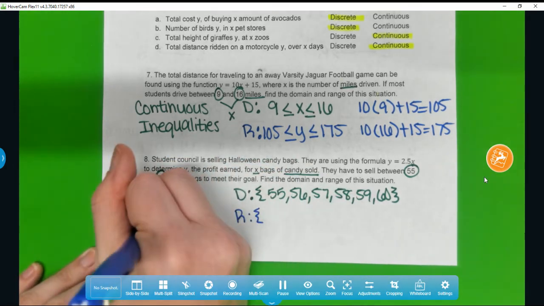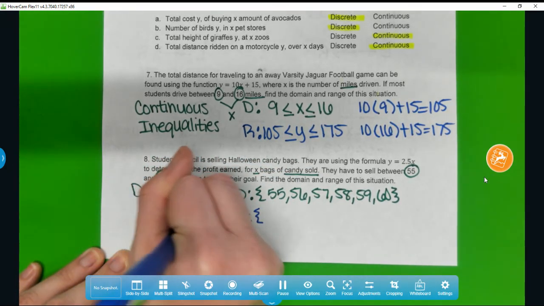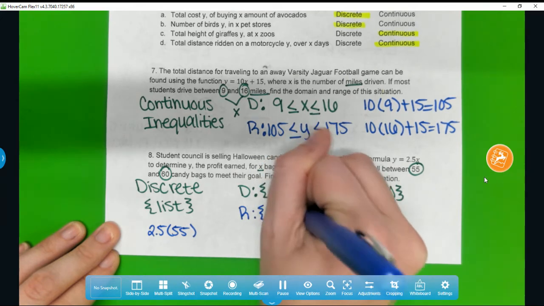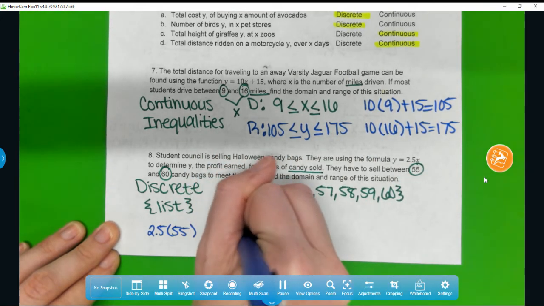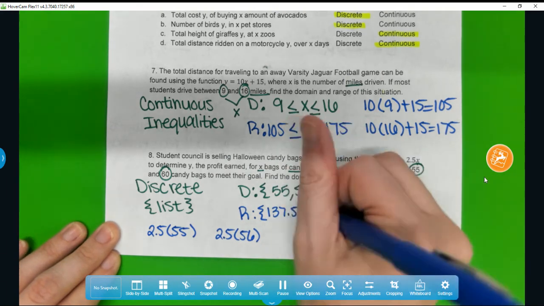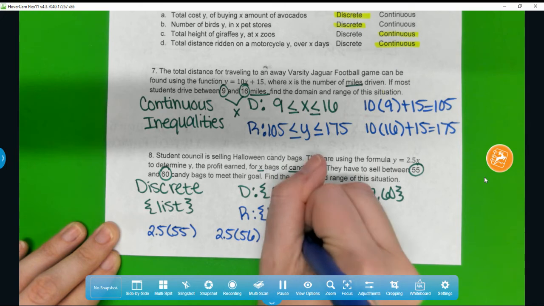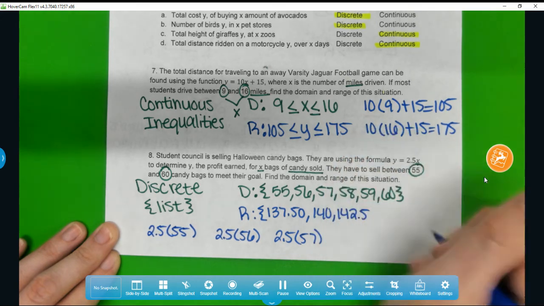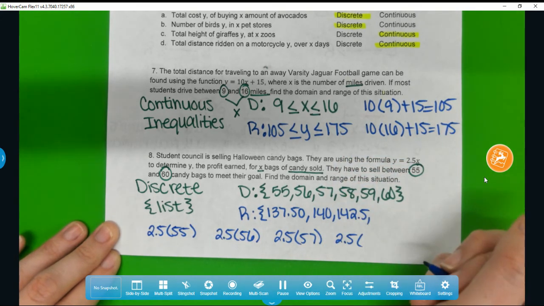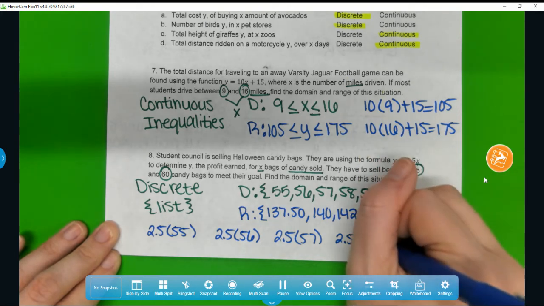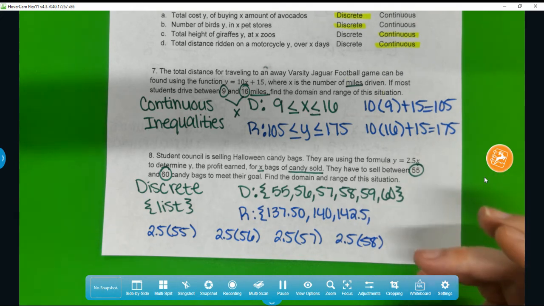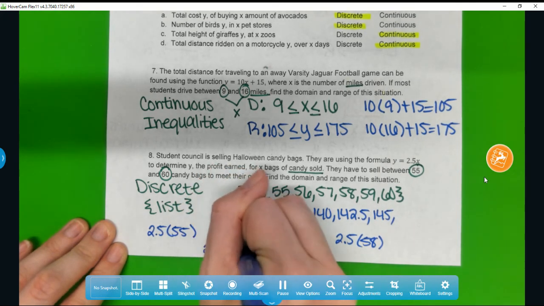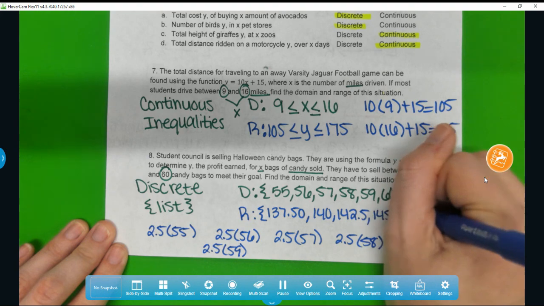So all we would have to do is 2.5 times 55, which is 137.50. 2.5 times 56, which is 140. 2.5 times 57, which is 142.5. 2.5 times 58, which is 145. 2.5 times 59, which is 147.5.